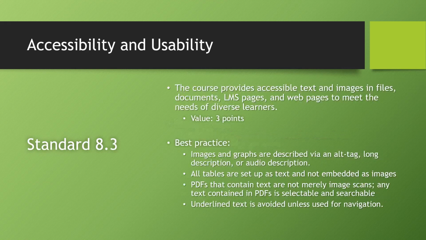Standard 8.3, the course provides accessible text and images and files, documents, LMS pages, and web pages to meet the needs of diverse learners. So this is a 3-point value. For best practices, you want to make sure that when you use images and graphs that you describe them.